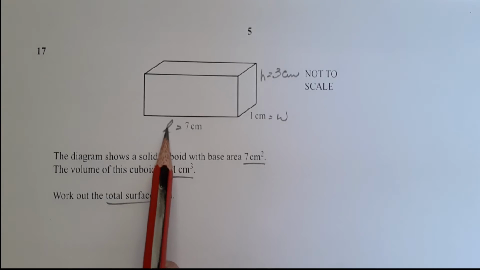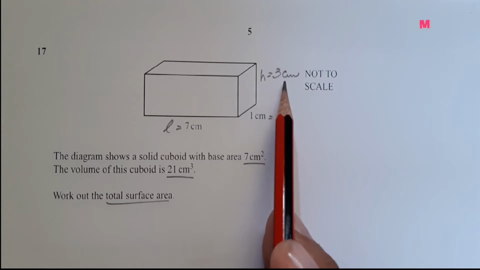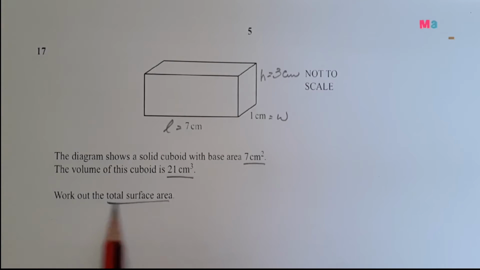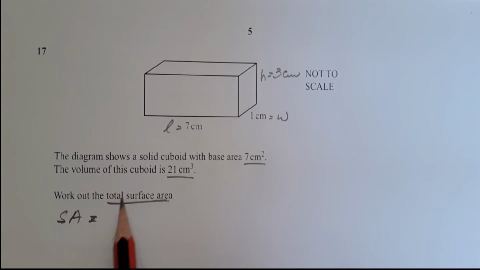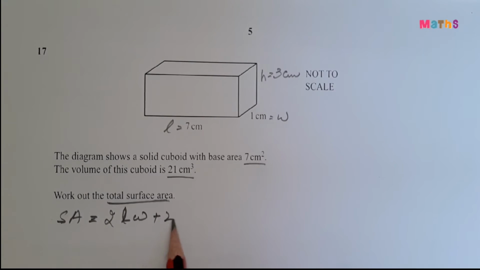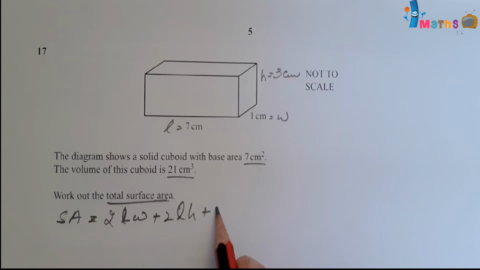Now we have values of length, width and height. We can write down the formula for total surface area. Surface area of a cuboid is equal to 2 into length into width plus 2 into length into height plus 2 into height into width.